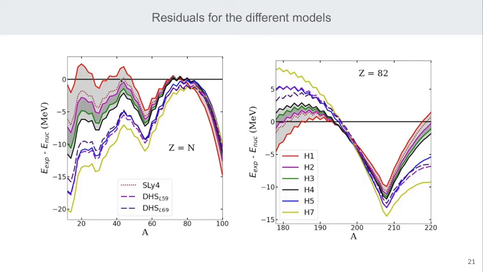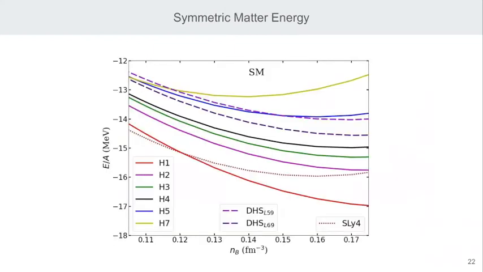So if we have this big difference in reproducing nuclear masses for the different Chiral Hamiltonians, and we know that it's not because of the neutron matter, so it had to be because of the symmetric matter prediction. That is, we see a correlation here: they don't predict the same value of the minimum, and not the same value.